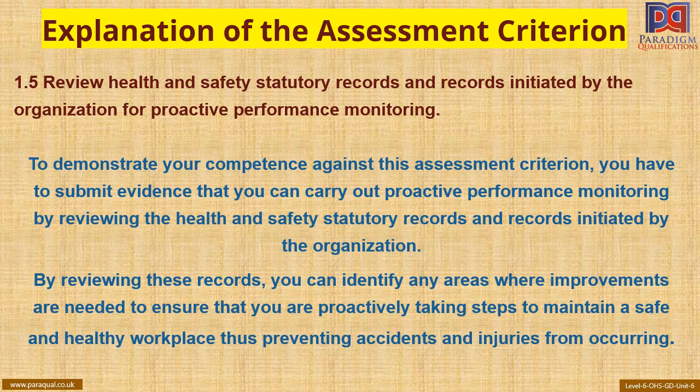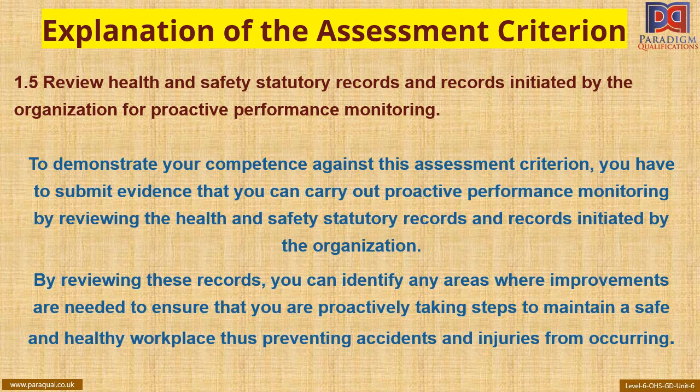The assessment criterion 1.5 of Unit 6 is review health and safety statutory records and records initiated by the organization for proactive performance monitoring. To demonstrate your competence against this assessment criterion, you have to submit evidence that you can carry out proactive performance monitoring by reviewing the health and safety statutory records and records initiated by the organization.